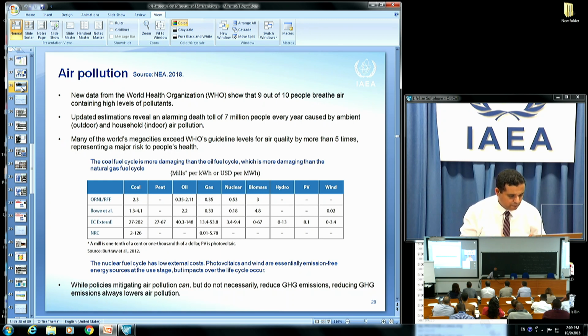Basically, what this table shows is that nuclear and photovoltaics have fewer emissions of pollutants compared to coal and gas. But this is unfortunately not taken into account. This is not internalized in plant level costs.